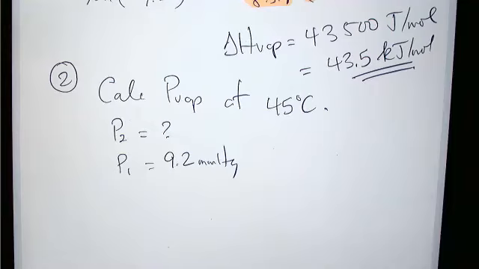What pressure and temperature do we all know for water? 100 degrees Celsius is 760 millimeters mercury. Very good. We all know water's normal boiling point. So at 100 degrees, the vapor pressure of water is 760, right? So I don't even need the data booklet. I could have used that as my P1 and T1, right?